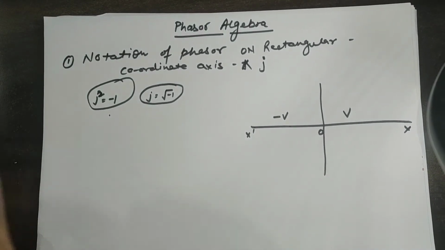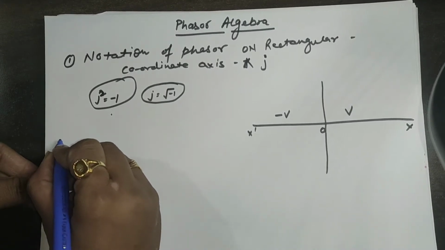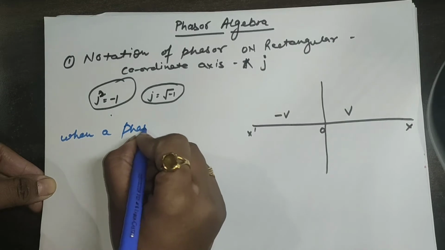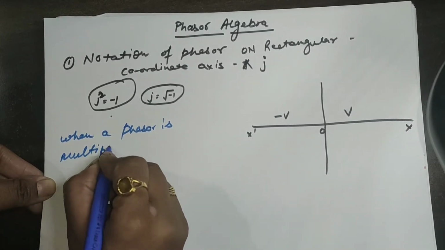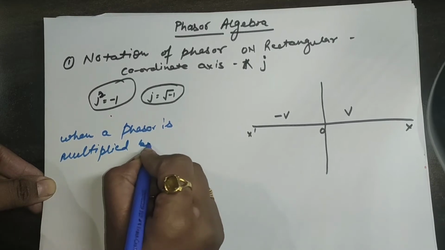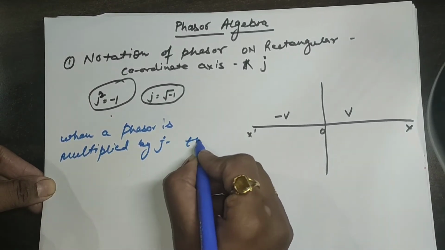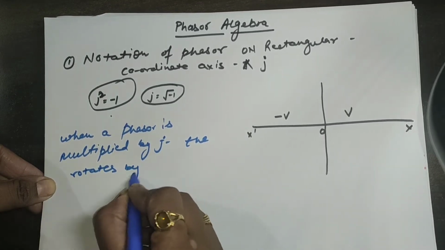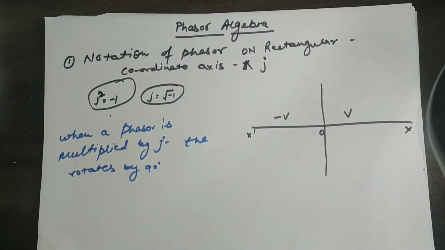I am writing with a different color. Please note it down: when a phasor is multiplied by j, small j, the phasor rotates by 90 degrees in the clockwise direction.